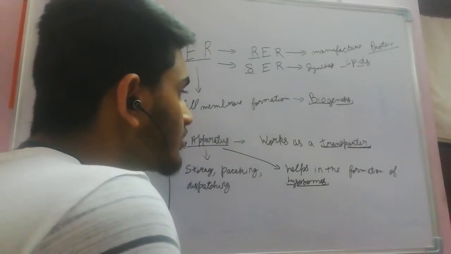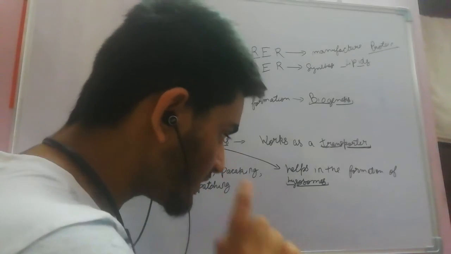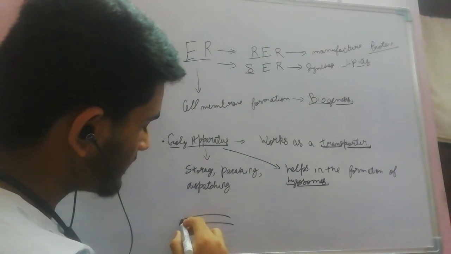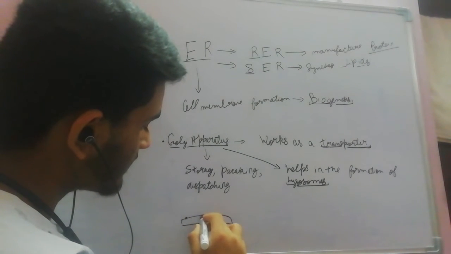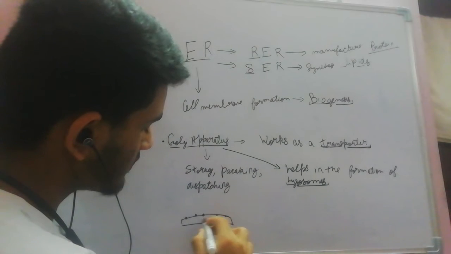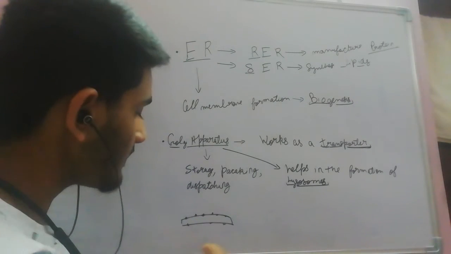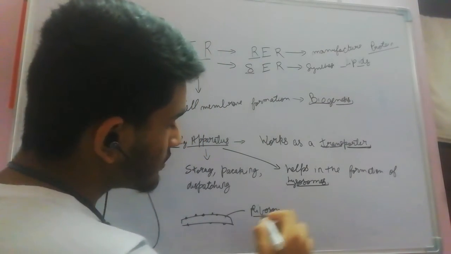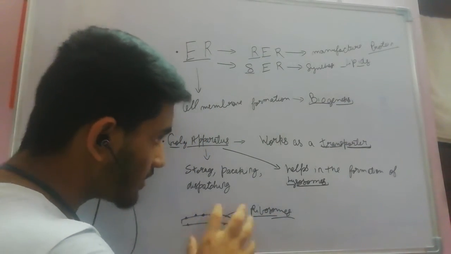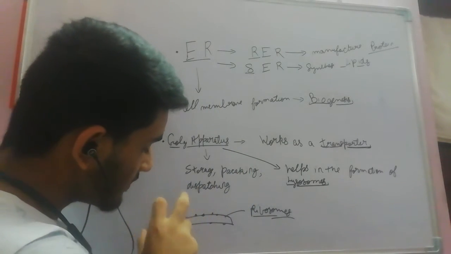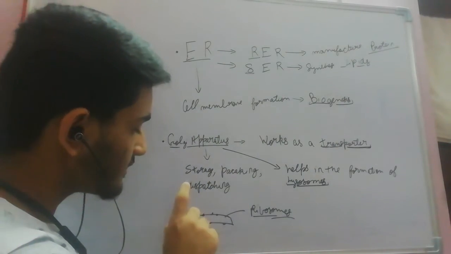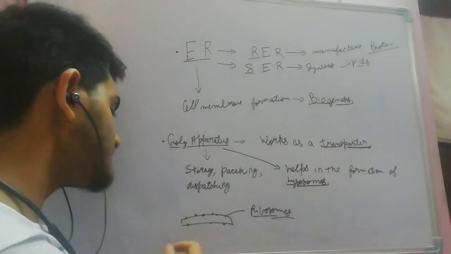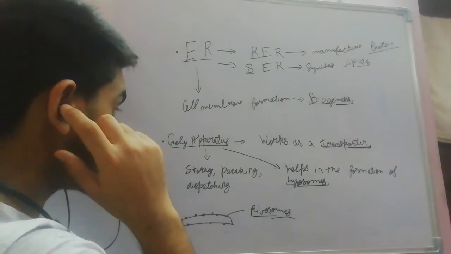It is called rough because when we see the rough endoplasmic reticulum through a microscope, let's say this is the endoplasmic reticulum, we see small dots on it. What are these dots? These are ribosomes attached to it. So that's why we call it rough endoplasmic reticulum. And SER is called smooth because it doesn't have ribosomes attached to it.